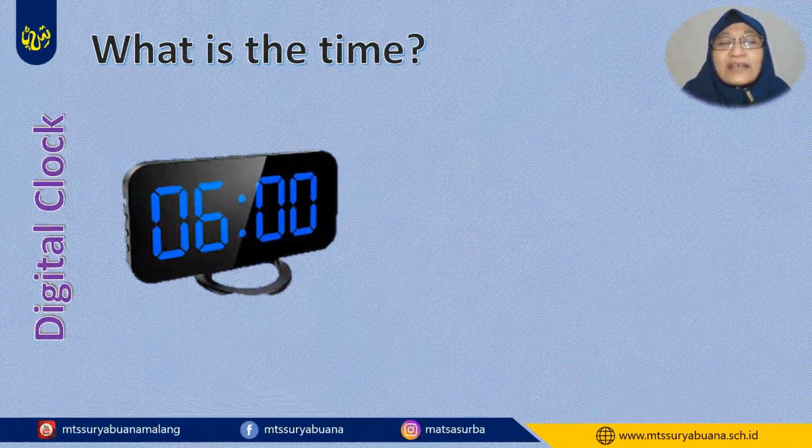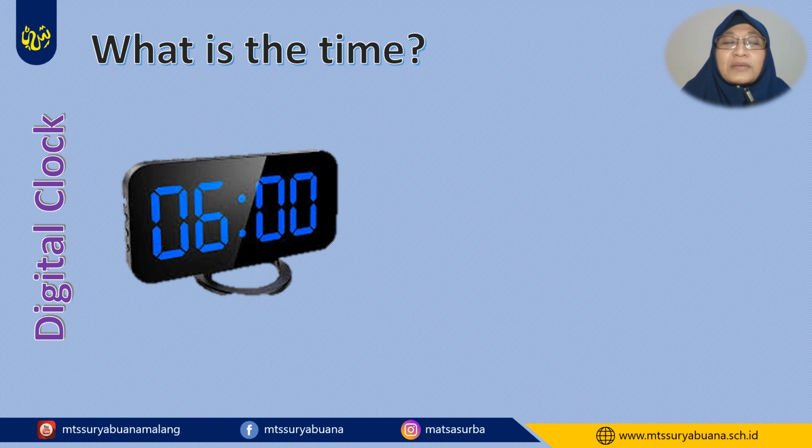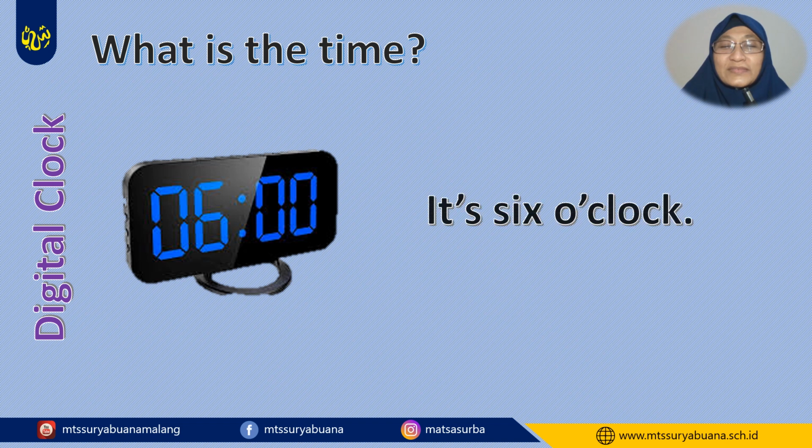Okay, now let's continue the discussion by talking about telling the time using digital clock. Look at this. This is a digital clock. It's quite simple to read this. It's 6 o'clock.